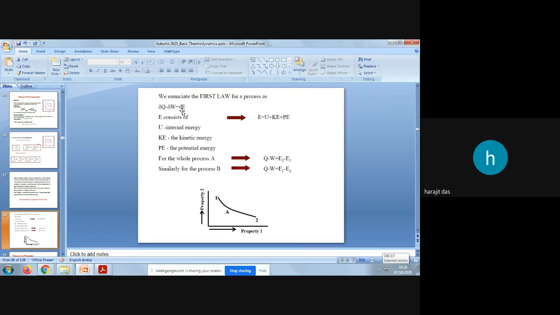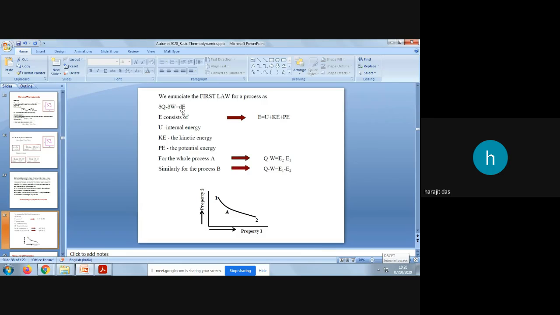suppose in one piston cylinder arrangement some gas is there, which is our system. Let's say some heat is added, or the cylinder is heated. Due to the application of heat, if the boundary of the system is displaced, or the piston is displaced, then some work will be done.